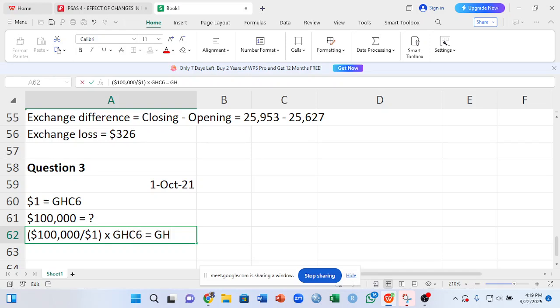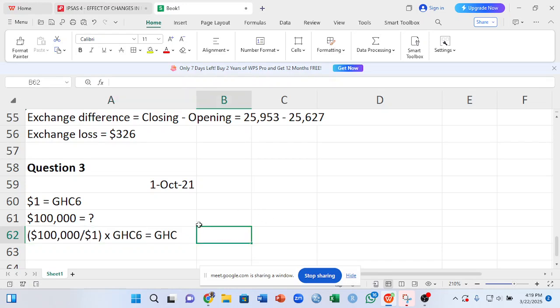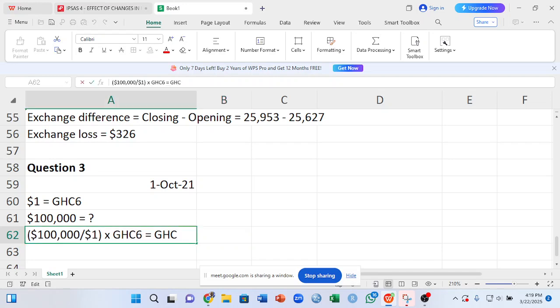What do we get in Ghana cedi? We get 600,000 Ghana cedi.